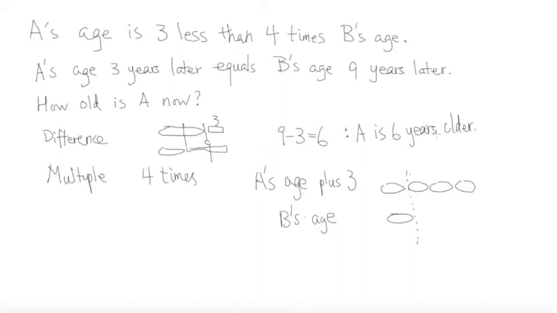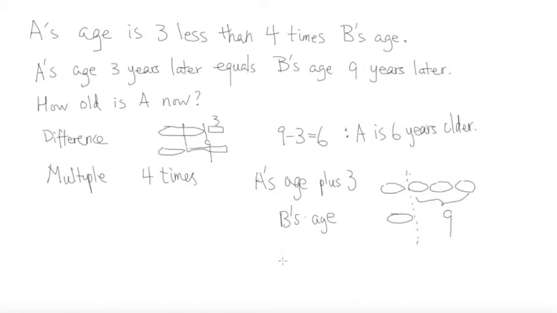It's not 6 years, because we're not looking for the difference between A and B. We're looking for the difference between A's age plus 3, which is here, and B. So A's age plus 3 and B, the difference is actually 9, right? In this picture, after plus 3, the difference is 9.